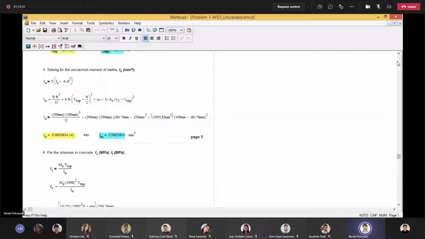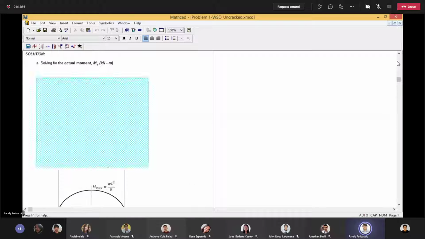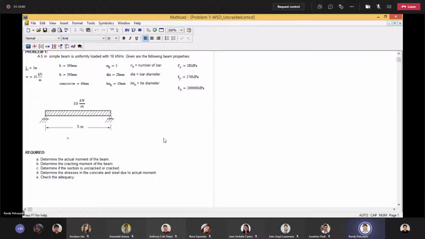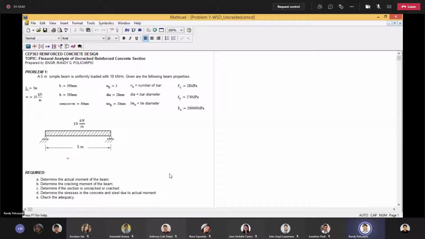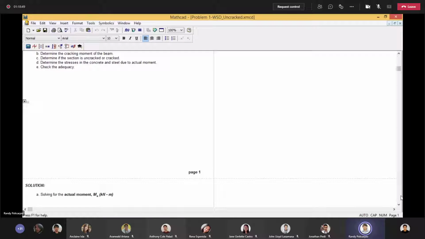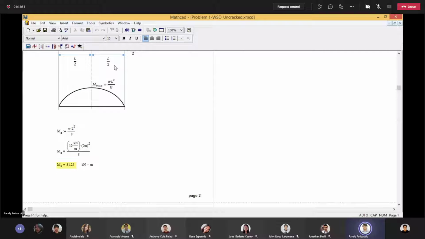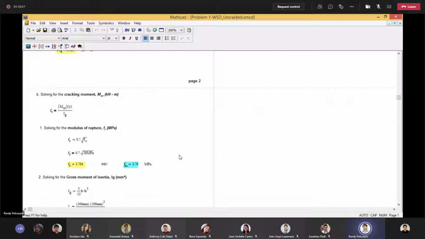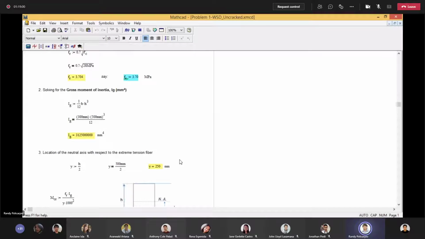The requirement, if our section is uncracked. So ito yung isang example natin. Okay, next, tandaan natin, kailangan na marunong kayong kumuha ng moment, which is the maximum moment. Then also, you should know how to determine gross moment of inertia, pure concrete.